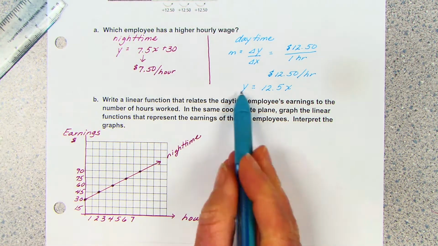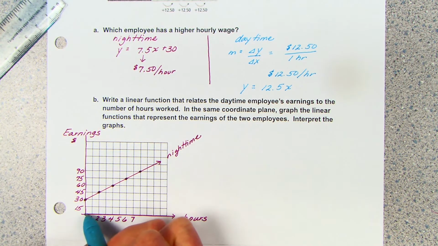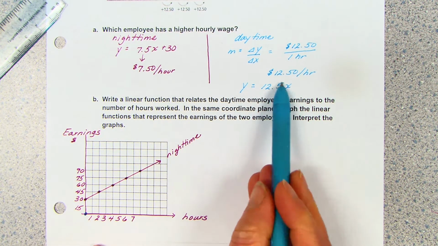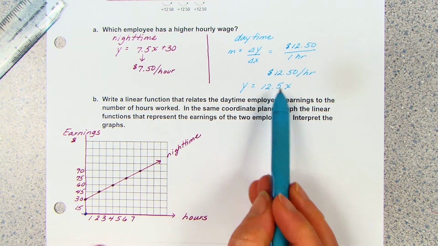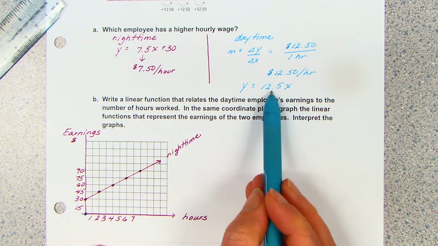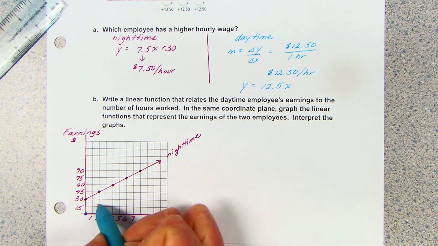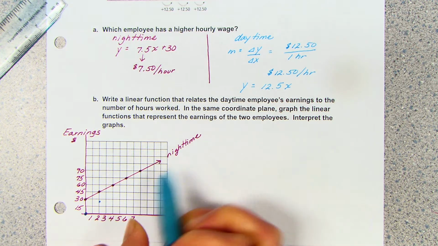Then my daytime employee starts here at 0 because it's proportional. And I'm going to do the same thing. I'm going to graph it by $25. So I'll go over 2 hours and up 25. For 2, and there's 20, 25, so it's about 2/3 of the way up.